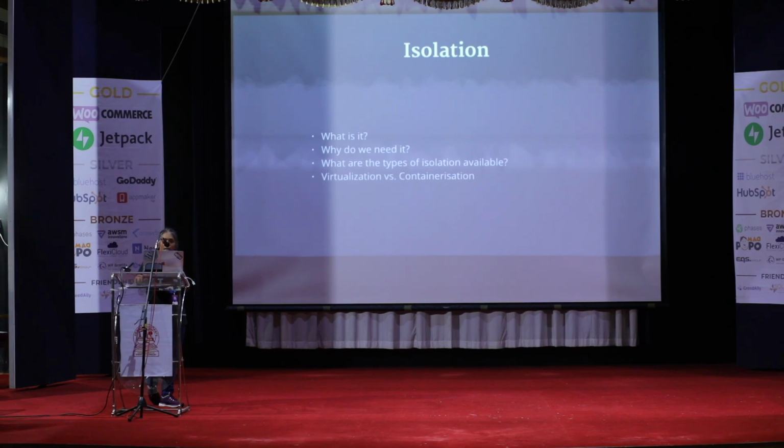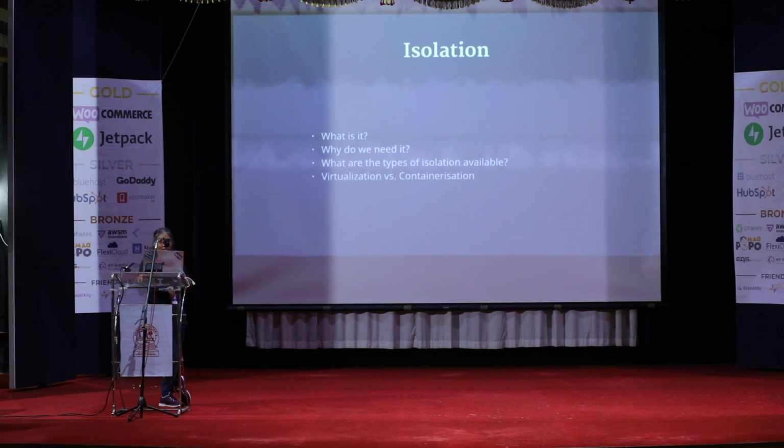Isolation basically means that there's a certain smaller environment within the host environment. There's a guest environment within which your project resides, so whatever experiment you do is confined to that environment, and if you break it, it's only that environment that breaks and not the entire system.